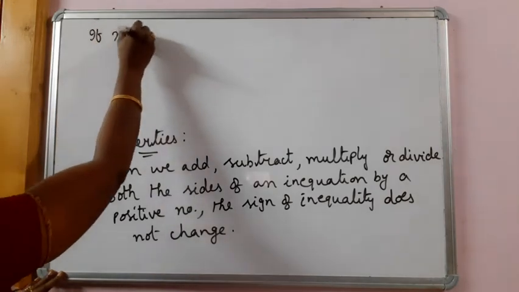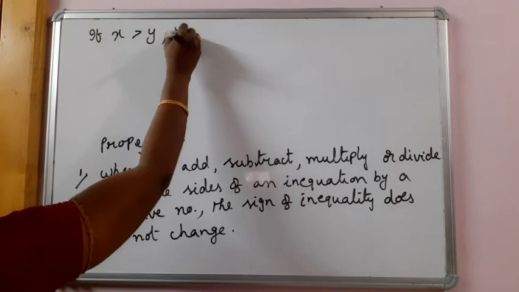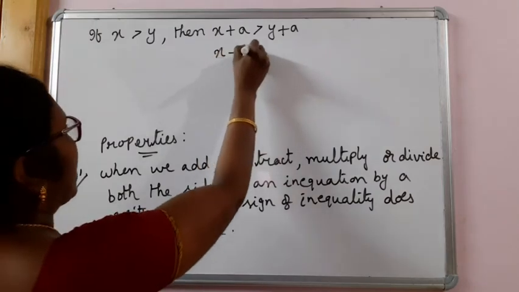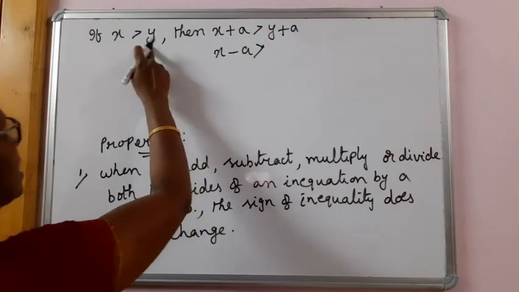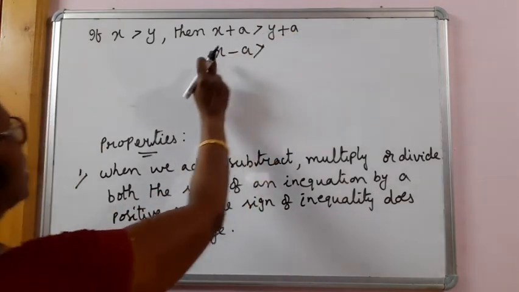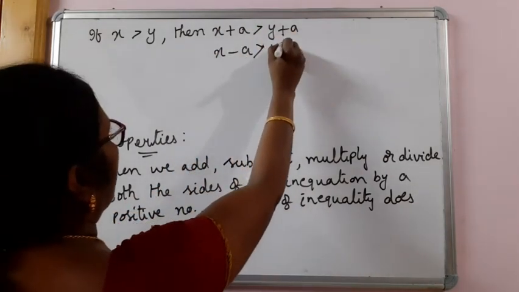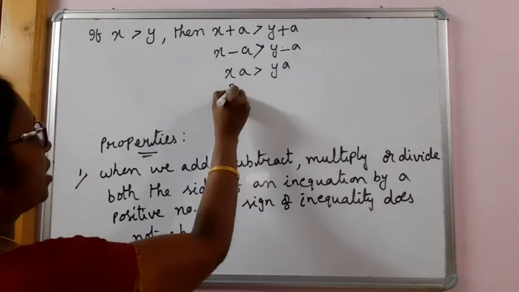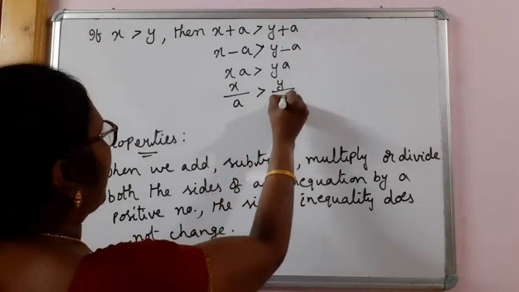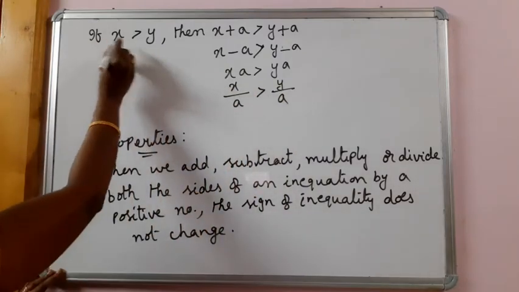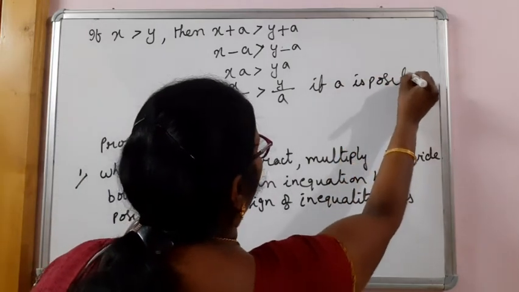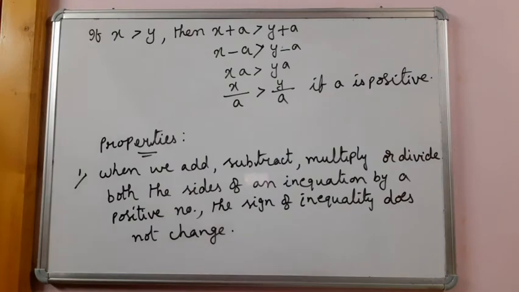If x is greater than y, then x plus a is greater than y plus a. x minus a is greater than y minus a. xa is greater than ya, that is multiplication. x by a is greater than y by a, if a is positive. Okay, if a is negative, what happens?